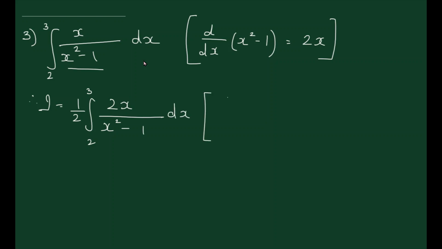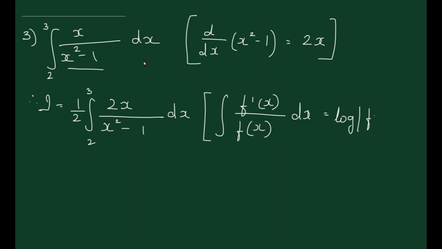Now we use the formula, the integral of f dash x upon fx dx, and the answer for that integral is log fx plus c. This is a formula which we had learnt in chapter 5. Now observe our integral given here.